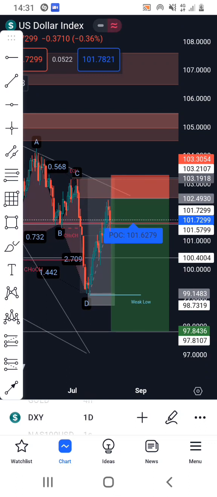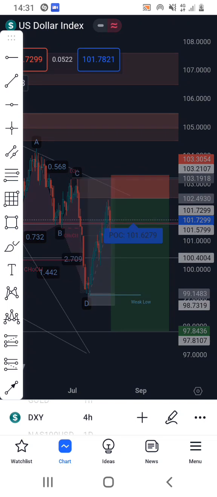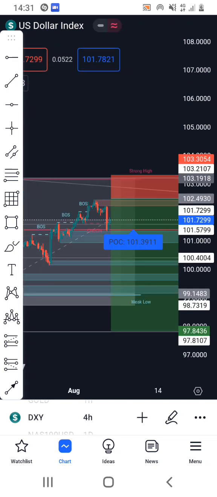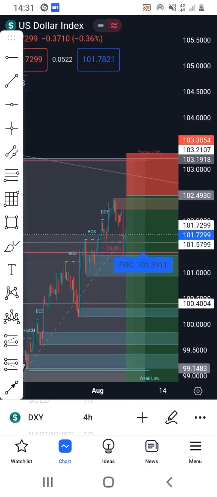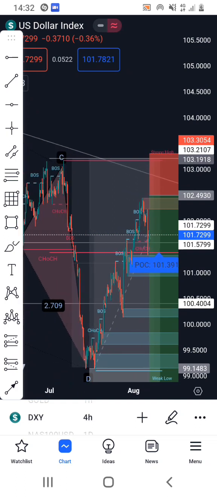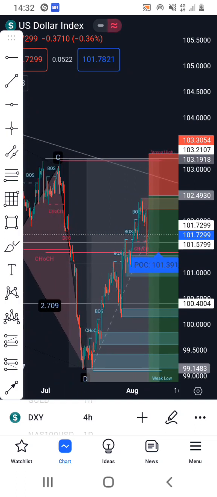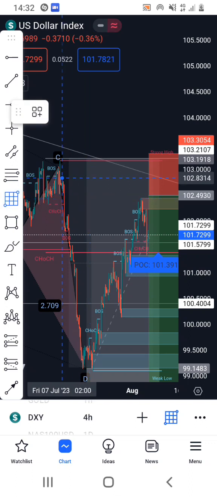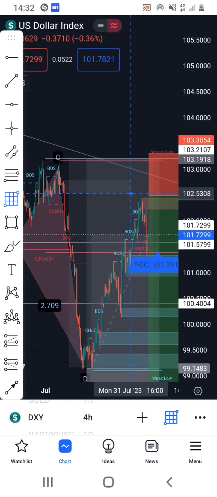Okay, so let us keep focus on DXY because it is our first indicator as to whether we are going to buy or sell. So once you're done doing your technical analysis on DXY, like identifying the main trend on DXY, it will help you identify better trading opportunities on other pairs.